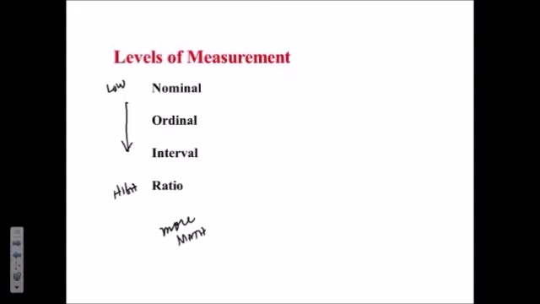You cannot do much with nominal data, but with ratio data you can do lots of things. So we want to go through these 4 levels of data because you want to recognize what they are when you're gathering data, because that'll dictate what kind of massaging you can do to the data.